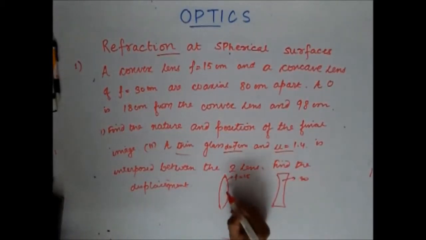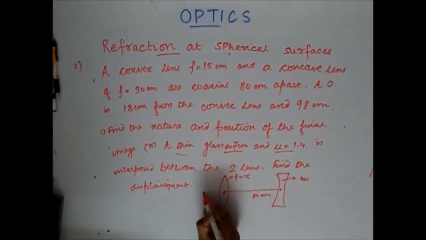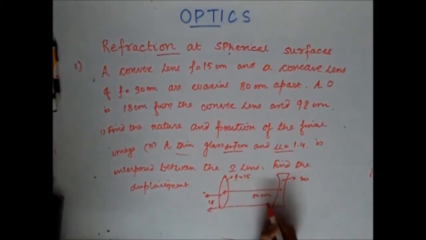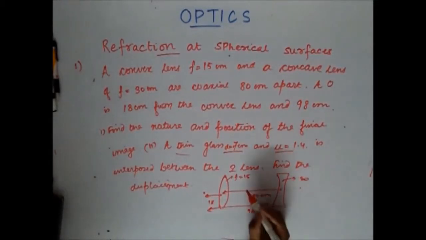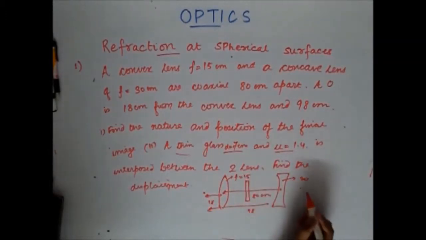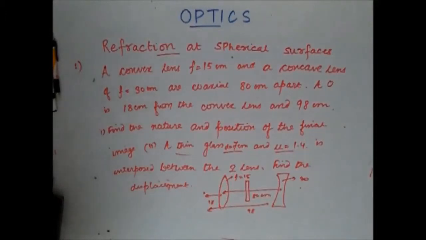And this distance is 80 centimeter. An object is placed here such that this distance is 18 and this distance is 98. So the question is, find the position and nature of the final image, first part. And in the second part, a thin glass slab has been introduced, and the question asks to find the displacement in the direction of the image. So that's it, this is the question.